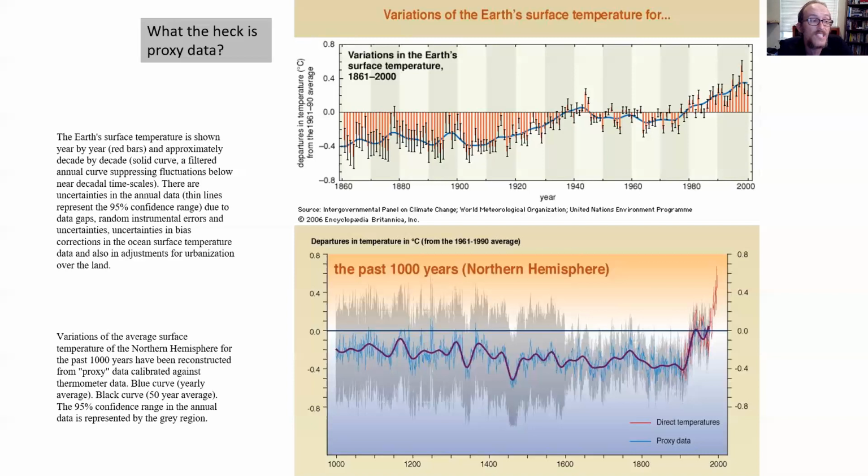In the ocean surface temperature data, because we also have floating sensors and other sensors that we have to actually measure temperature data, there are biases in those, there are errors in those, and adjustments for urbanization over the land. Because if I urbanize a particular region, that can influence the local temperature because more concrete, more sunlight reflected, more asphalt, more heat trapped.